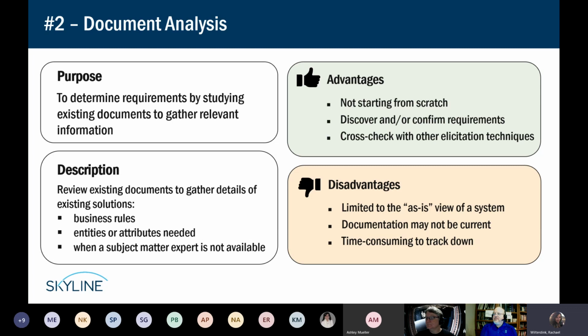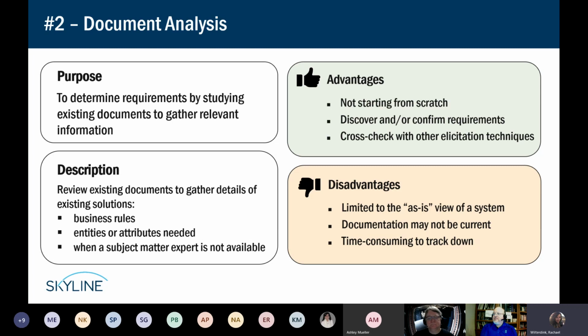So there are advantages of using this technique if documents are available. You're not really starting from scratch or square one. You at least have a baseline from which to work, and there could even potentially be some reusability within existing documentation. Reviewing documents can also help you identify other things such as business rules, which are distinctly different but related to requirements.